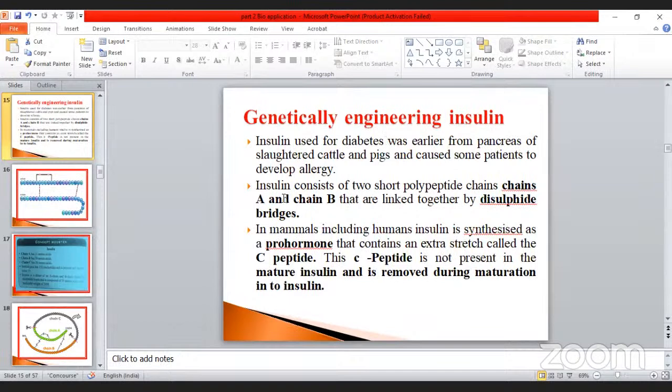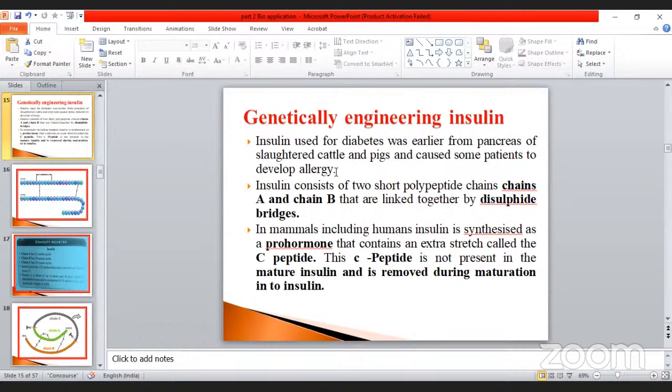See that one. The insulin used for diabetes was earlier from the pancreas of slaughtered cattle and pigs, and caused some patients to develop allergy. Slaughterhouse we already discussed. Suppose we are taking insulin of some animals; the animal's insulin also acts like human insulin.